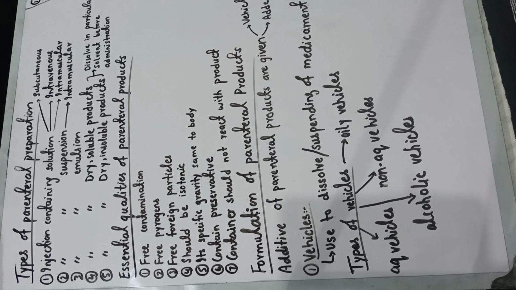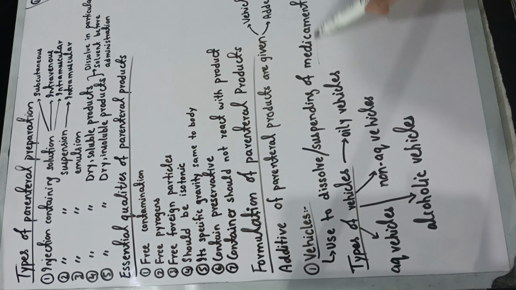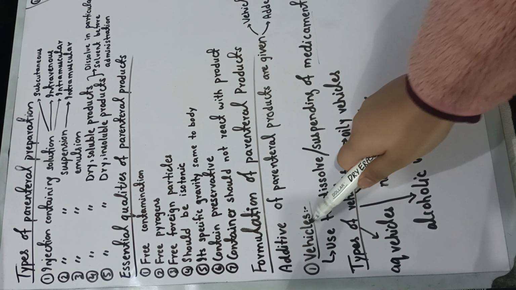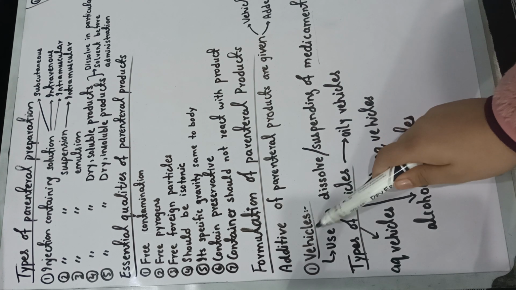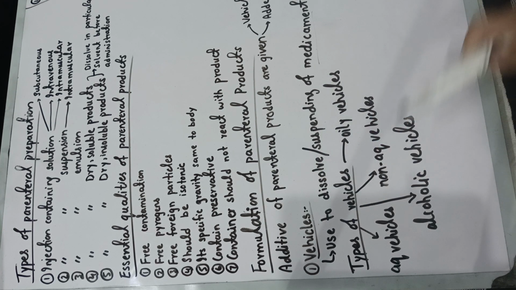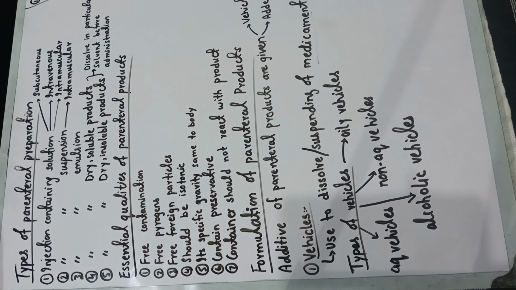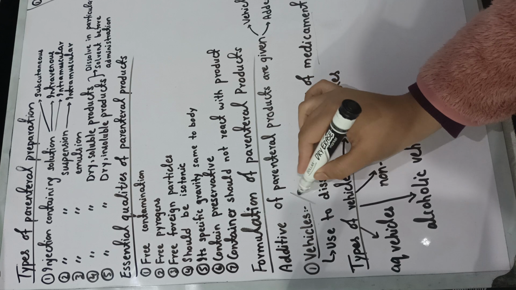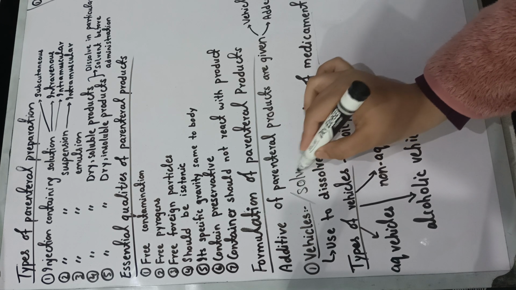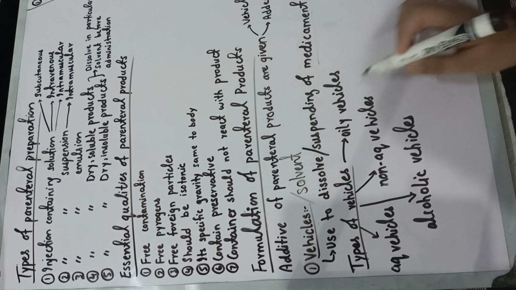A medicament is used as a solute here, and the vehicle is used as a solvent. So your solute can be dissolved in the vehicle or suspended in the vehicle, or you can say the solvent. You just have to remember that a vehicle is similar to a solvent. There is no difference between them.